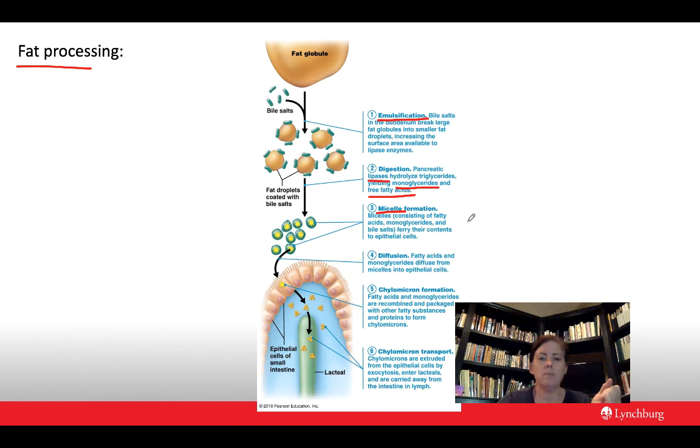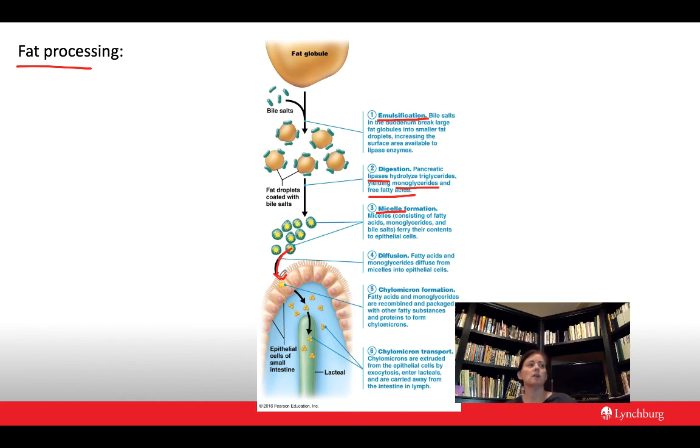So they break down. And these are small enough now that they can actually diffuse through and enter into the cells that are lining the wall of the small intestines. Okay, so they're going to diffuse through.